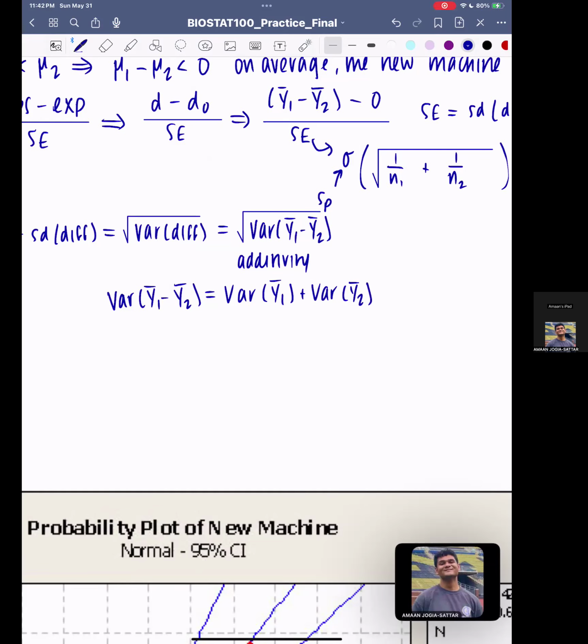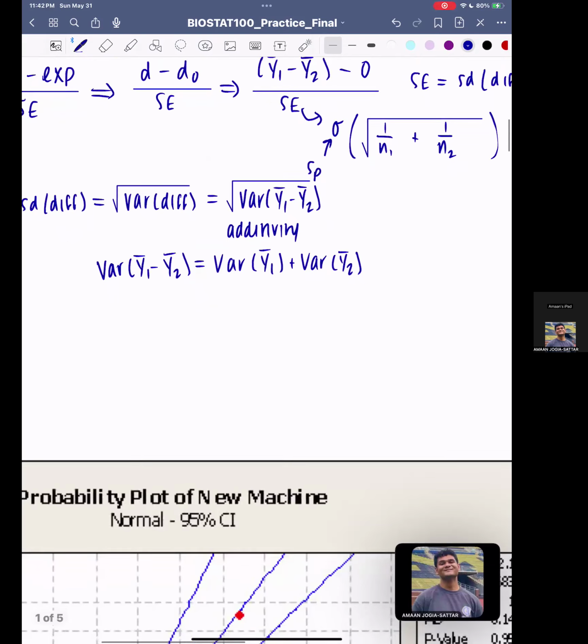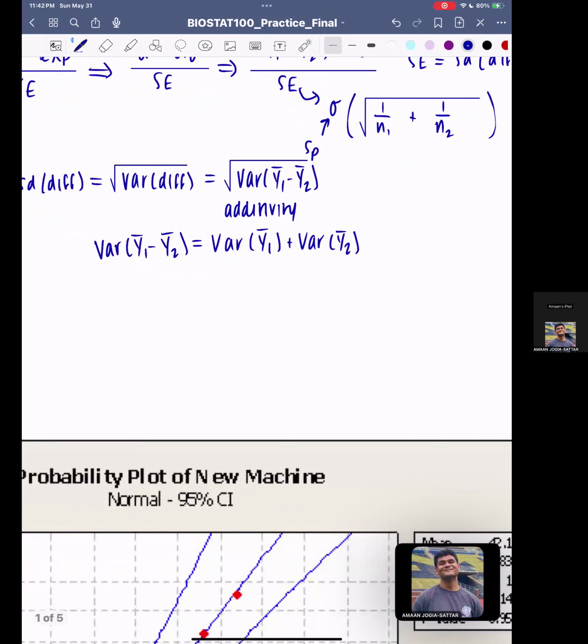Okay. And now it's pretty simple. Remember that the variance of a sample mean is going to be the sigma squared pertaining to it. So I'm going to say sigma squared y1 bar divided by the sample size n1, plus sigma squared y2 bar divided by n2.